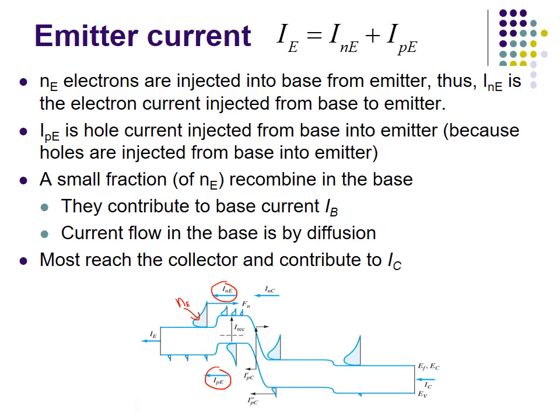This hole movement also generates a hole current, IPE, that is also moving from base to emitter. So INE and IPE will become emitter current, IE. While the electrons from the emitter pass through the base, a very small quantity of the carriers recombines in the base region. This contributes to the base current, while the majority of the carriers reach the collector and contribute to the collector current, IC.